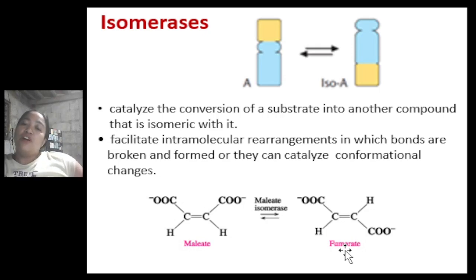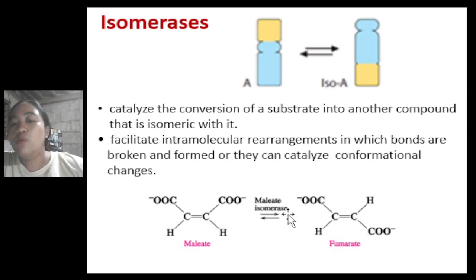When there are two isomers, your compound has an isomer, it is a different compound. It is another compound. So this will facilitate intramolecular rearrangement in which bonds are broken and formed, or they can catalyze conformational changes like this one.